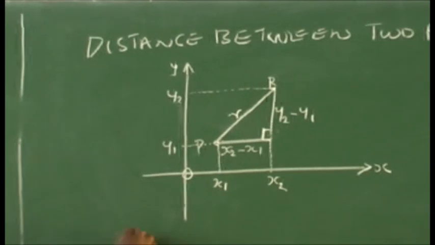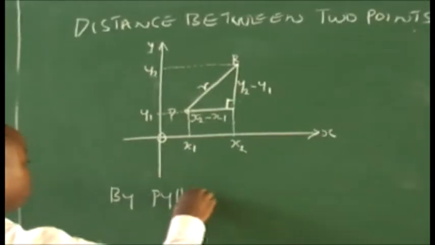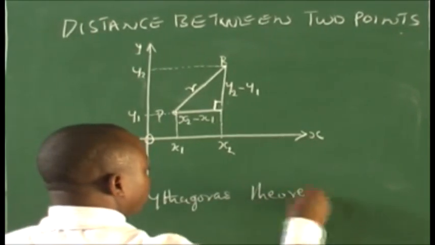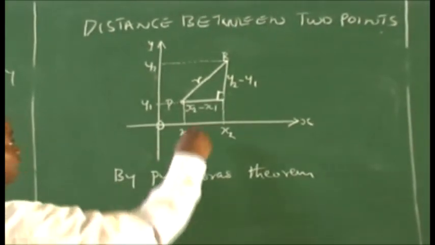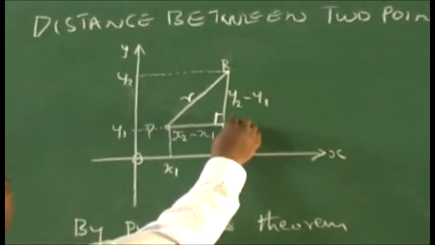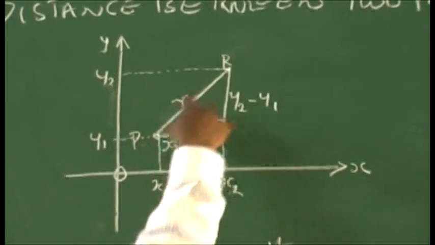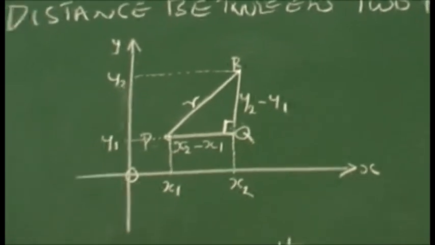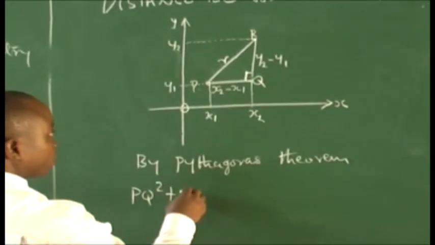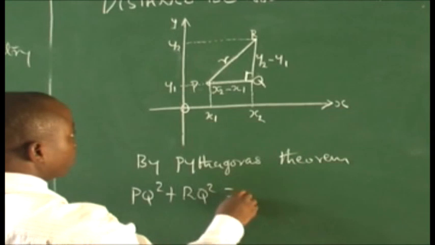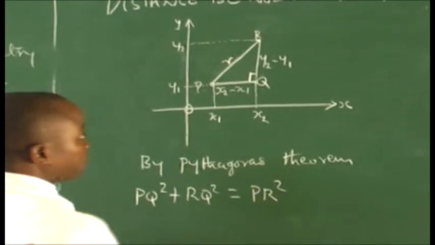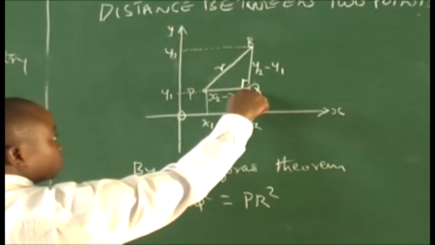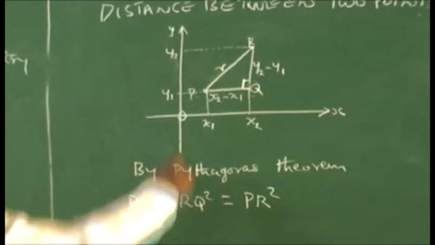Then by Pythagoras theorem, which you know, suppose I call this place Q, I have P, R, and Q. We know that PQ squared plus RQ squared will be equal to PR squared. By Pythagoras, PQ squared plus RQ squared will be equal to PR squared.